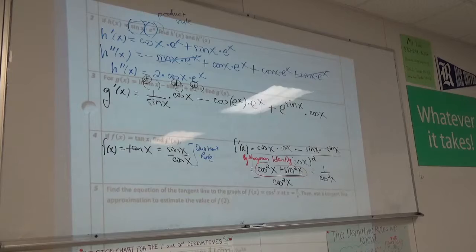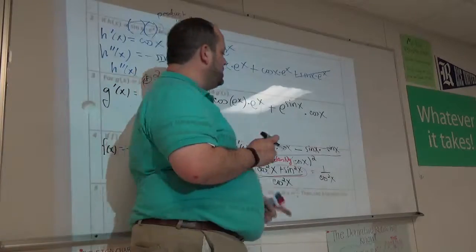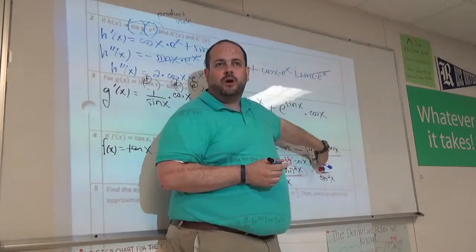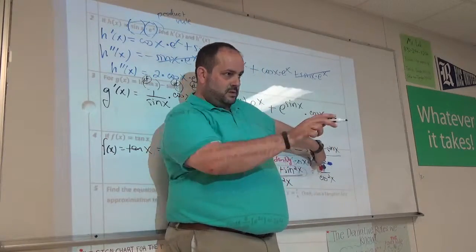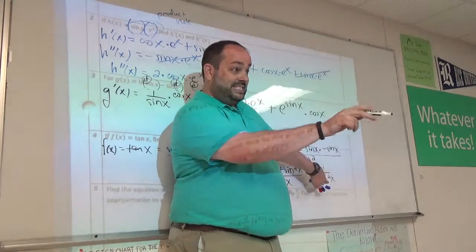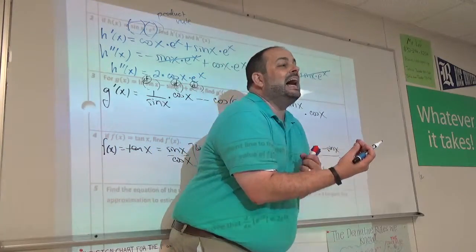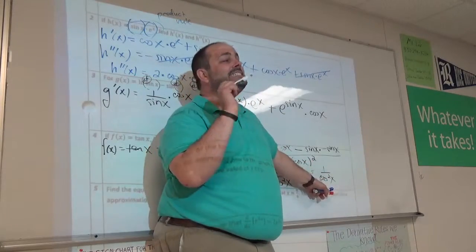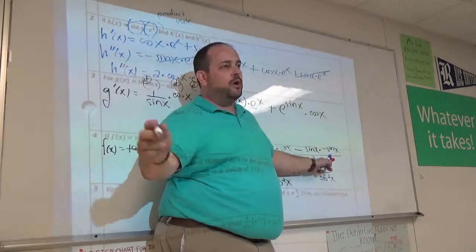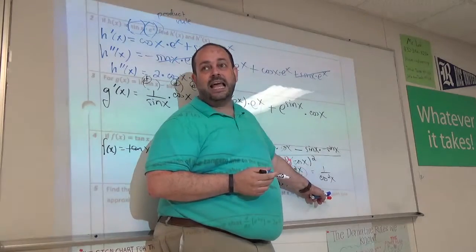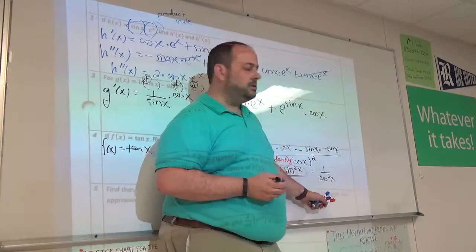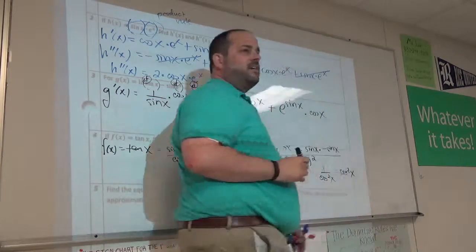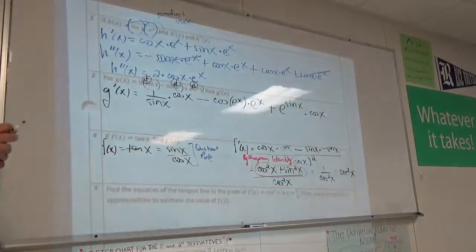If it wasn't for the square, 1 over cosine, what trig function? Ah! 1 over cosine is secant of x. So 1 over cosine squared is secant squared. So secant squared of x is how I'm going to hide this.